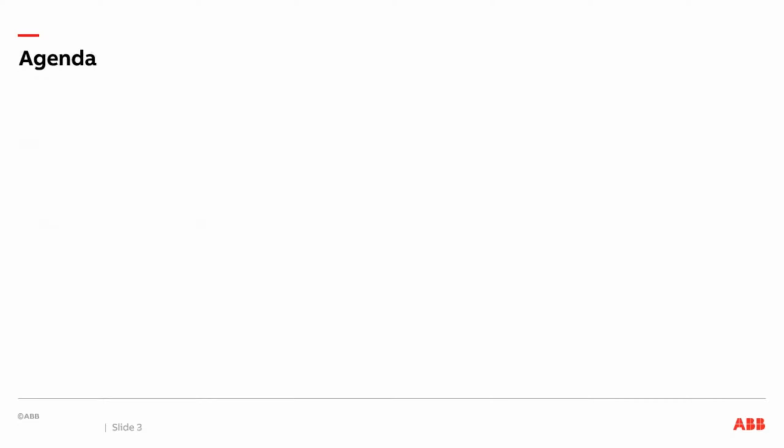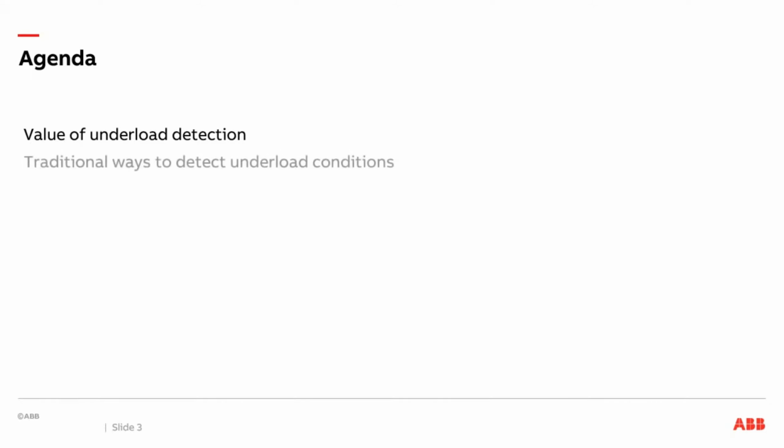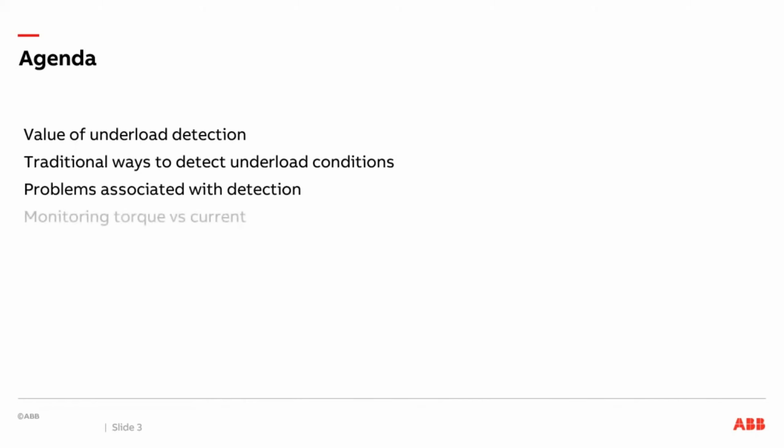In today's presentation, I'll discuss several aspects of underload protection or user load curve. Starting with the value of this feature, I'll identify various detection methods and problems associated with detection. I'll describe the preferred method for variable speed detection. And after covering detection in general, ACH580 detection will be described.